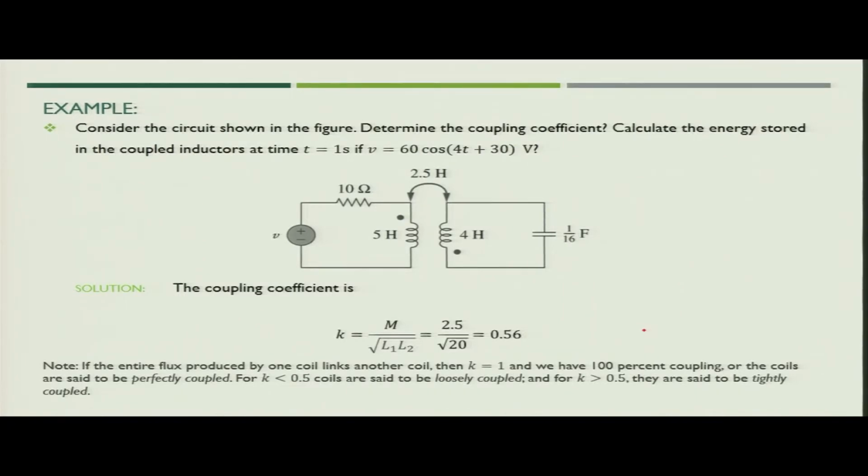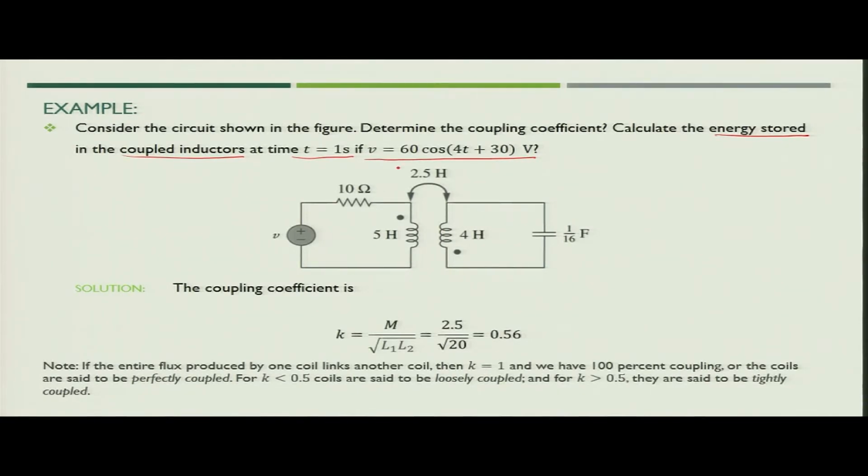Now, let us take one example to understand what we discussed related to energy stored in the coupled circuit. We need to find the energy stored in the coupled inductors at time t equal to 1 second, where voltage V is given as 60 cos 4t plus 30 volt.